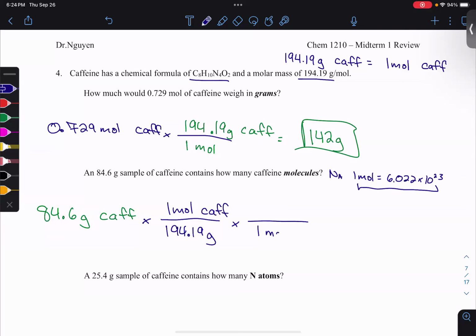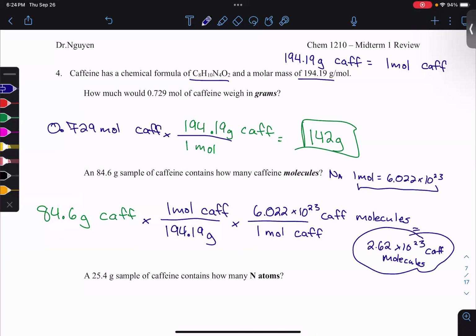So 1 mole of anything here, in this case it's caffeine, is 6.022 times 10 to the 23 caffeine molecules, right? So individual particles. And that equals some number. You can look at my key, but I'll write it: 2.62 times 10 to the 23 caffeine molecules or particles here, right? That's a lot, lots of caffeine.